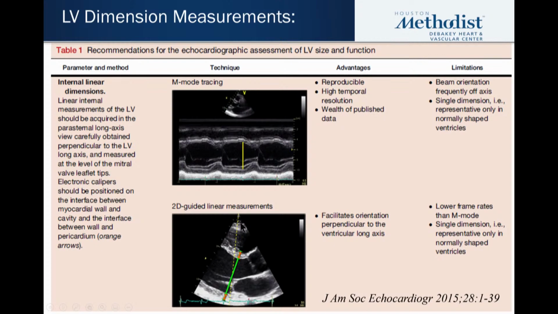And if you were to do an M-mode measurement, you would get larger values than the real end diastolic dimension, which is along this particular plane, perpendicular to the long axis of the left ventricle. So for that reason, the document now recommends primarily to do measurements from the 2D unless you have an absolutely perfectly placed M-mode axis.